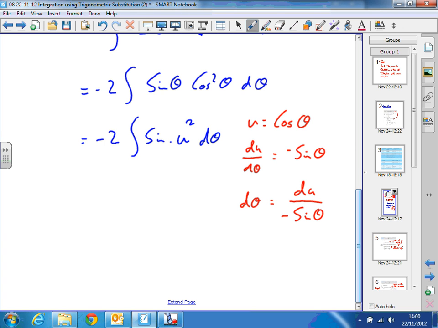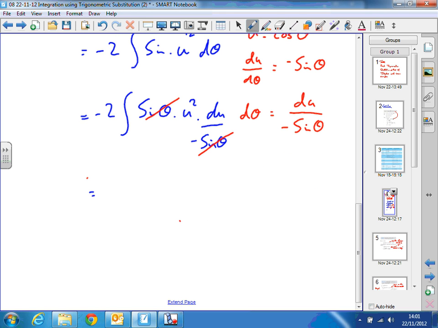So now we can put this into the integral here, and we can say this equals minus 2 integral of sine theta times u squared times du over minus sine theta. And it works because these cancel. And the minus comes out with the minus there to make it plus, so it becomes 2 integral of u squared du, and that's easy, that's just u cubed over 3.